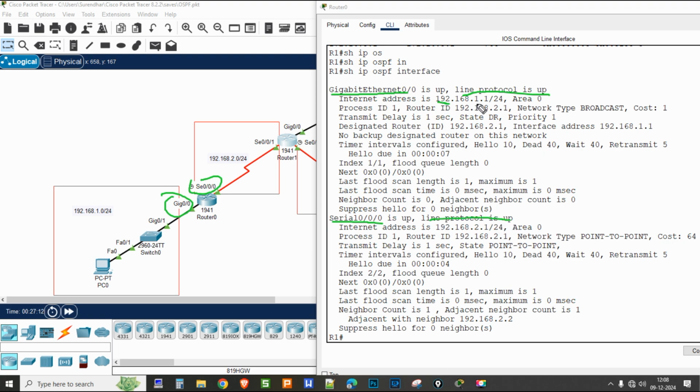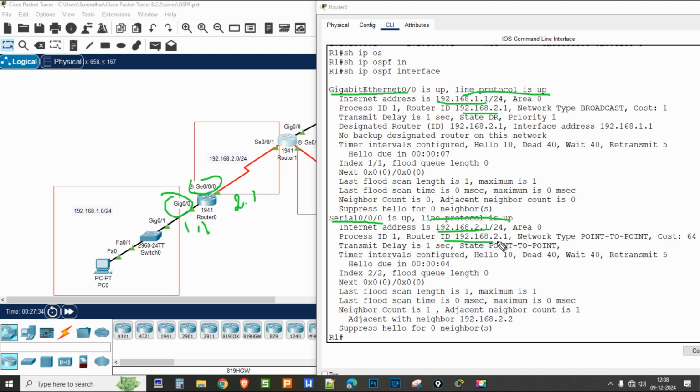It has the internet IP address 1.1. Here 1.1, then the right side has 2.1. So this is the router ID. Which one has the highest IP address? It can choose the router ID.